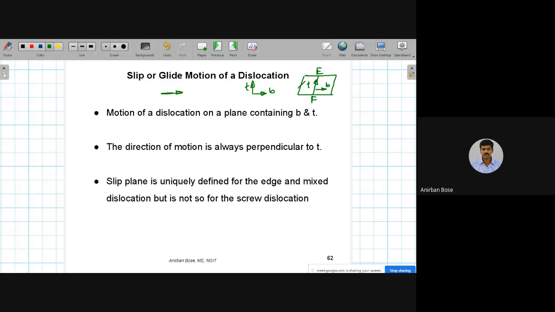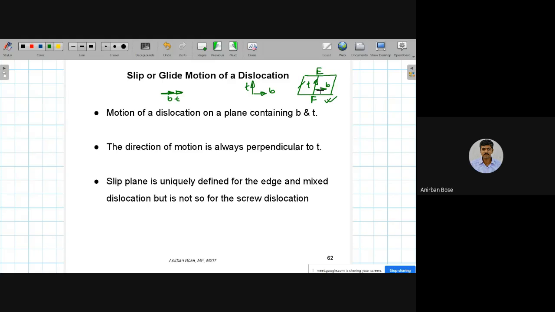Either the angle between them is 0 or 180 degrees, but they are in the same line. That means, what is the plane containing B and T then? In case of edge dislocation, a unique plane you can define with B and T, because two intersecting lines will generate a plane, so you can understand, okay, this is the plane over which the dislocation can move.